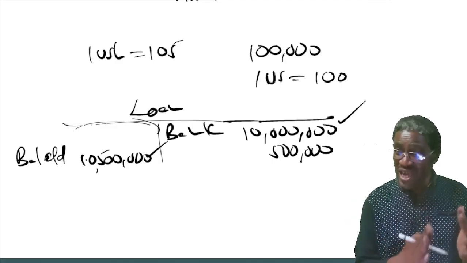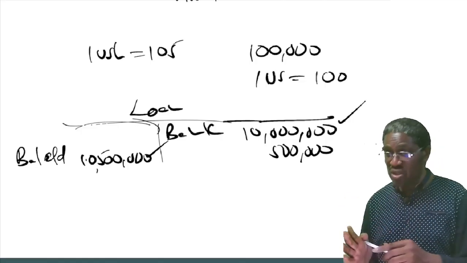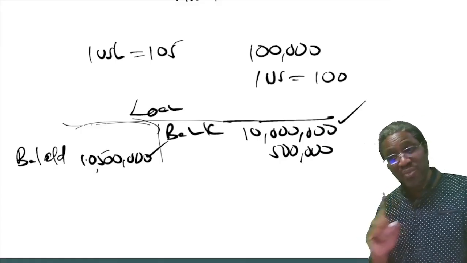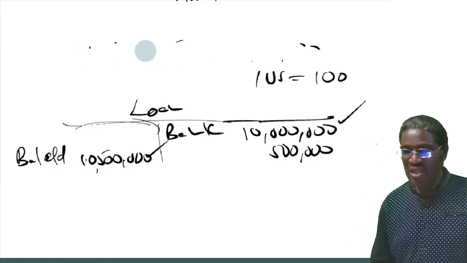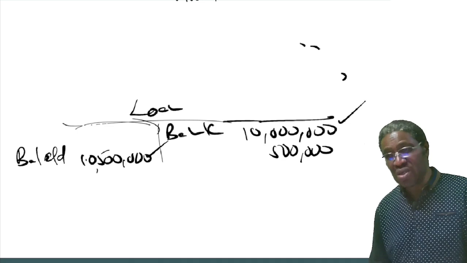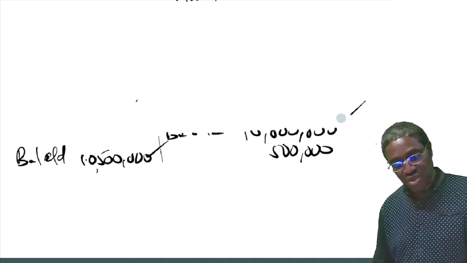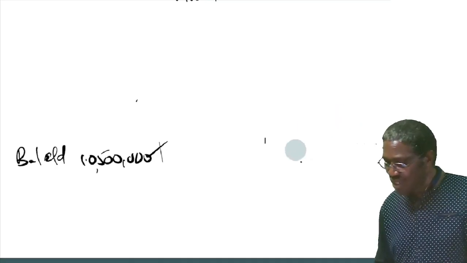So you either gain or lose. I'm not saying that this 500,000 you take to the P&L account. I'm saying there are some exchange differences where the rule says take it to the P&L account, and there are others whose rules require you not to take it to the P&L account.